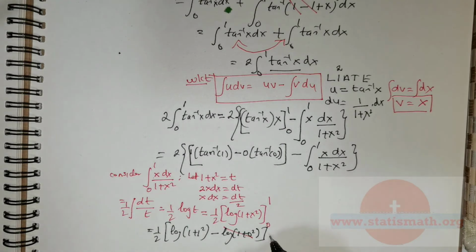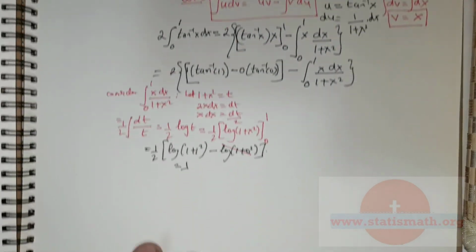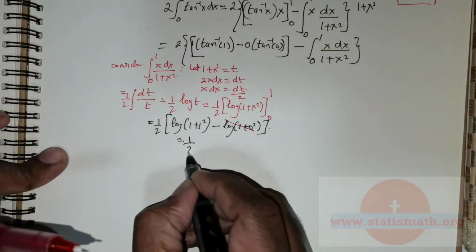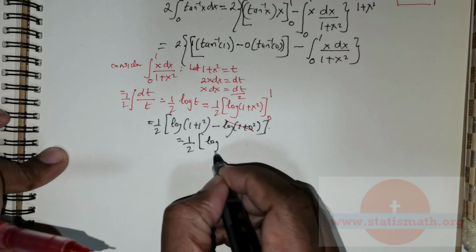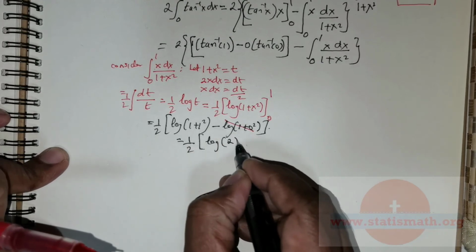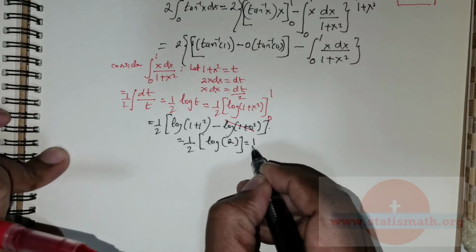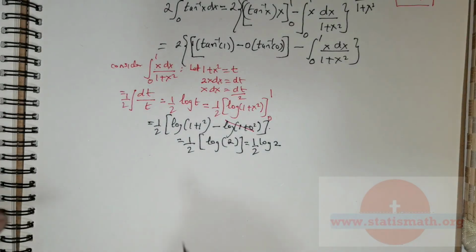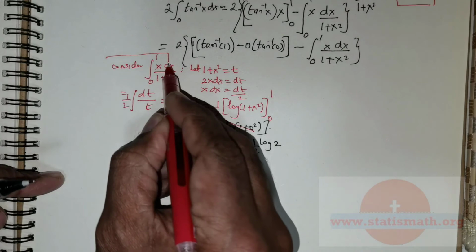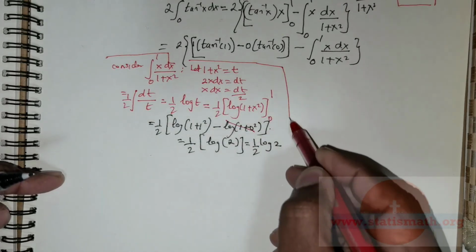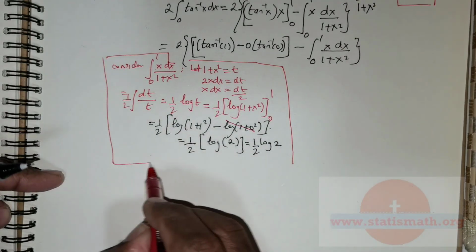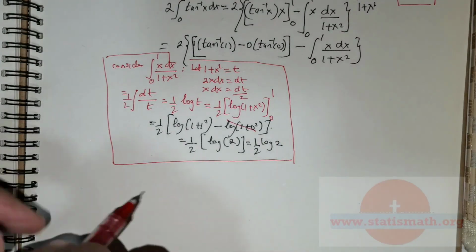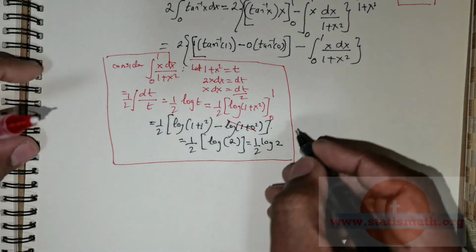So this is equal to 1 over 2 times log of 1 plus 1 squared, which gives you 2. So you have 1 over 2 log 2. This is just to show you how the integral of x divided by 1 plus x squared is solved.